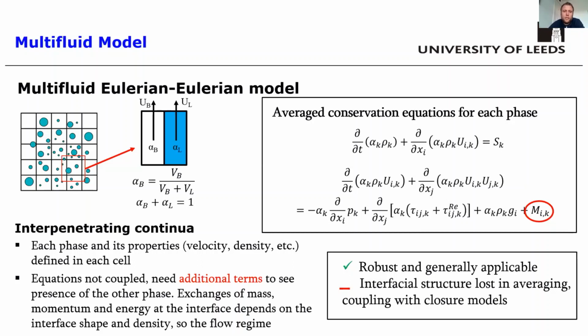So we need additional modeling to represent the interaction at the interface between these two phases and all the exchanges of mass, momentum, and energy at that interface. And of course, those terms are a function of the interface shape that we don't know. So for small bubbles, the physics is different than for larger bubbles, and again different, for example, for a stratified flow of some gas and some liquid.